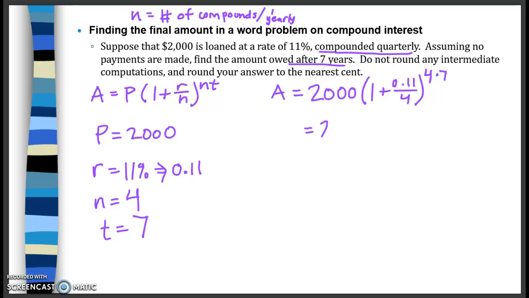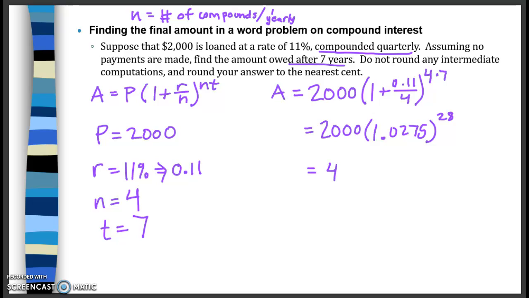So this is 2,000 times, when we take 0.11 and divide it by 4, we get 0.0275. So in the middle is 1.0275 raised to the 28th.